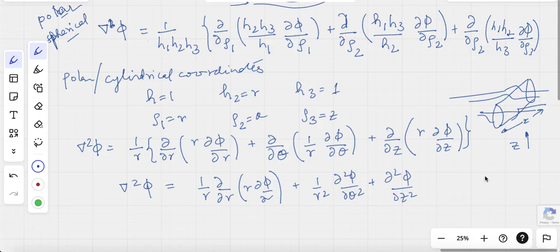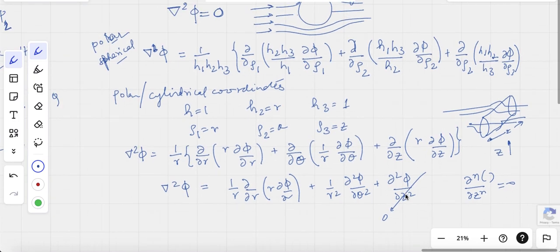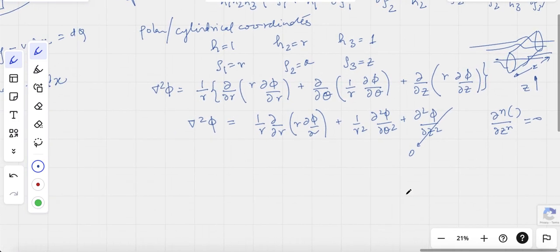So we have any differential with respect to z as 0. So this can be made 0. Right, so we have del square psi is this 1 by r d of dr r.